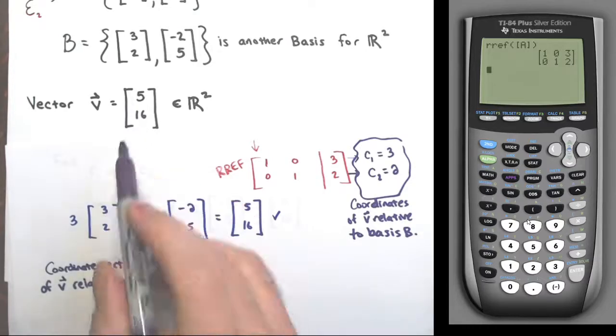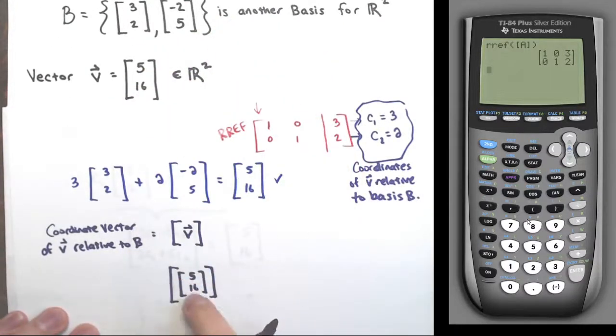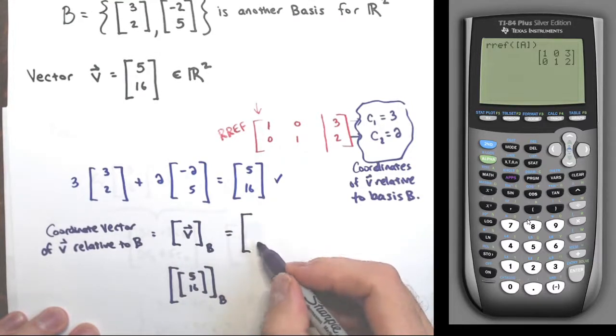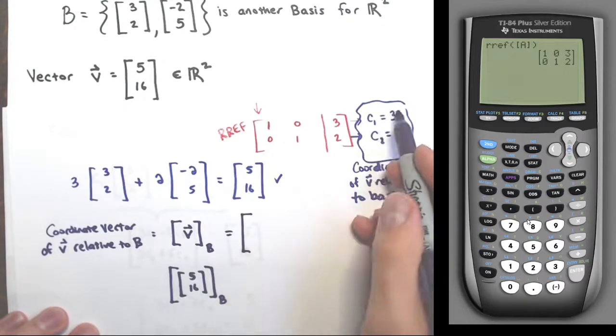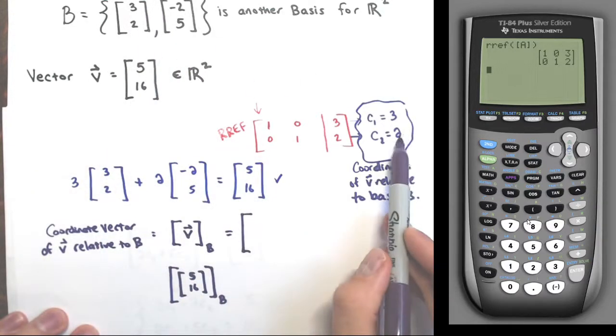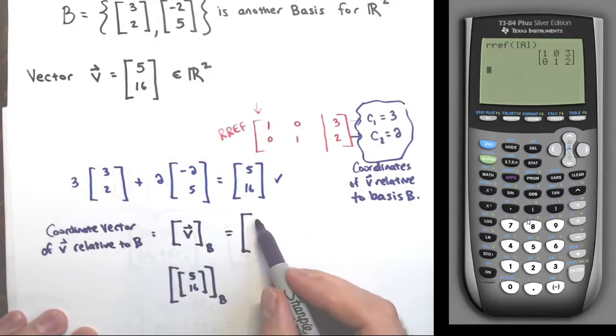Remember, V is this 5, 16. So you could also write, it would look kind of silly, the brackets around the vector, the vector is 5, 16, so I've got brackets around the vector, and then basis B as a subscript. So this one's a lot easier to look at, because no double brackets and all that. It would be equal to, and again, the components of this coordinate vector are the coordinates in the proper order: the coefficient of the first vector of the basis, and then the second component, the coordinate or weight of the second vector in the basis, so 3, 2.